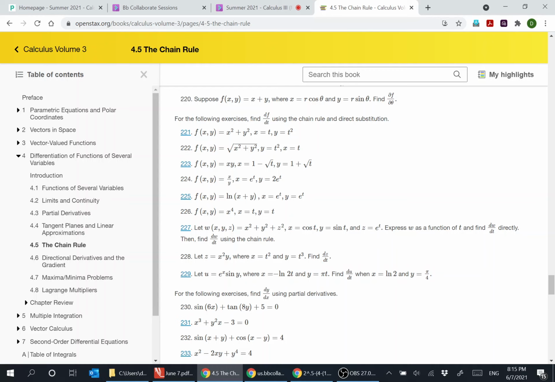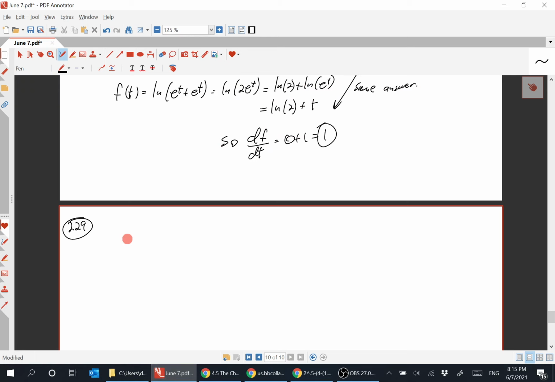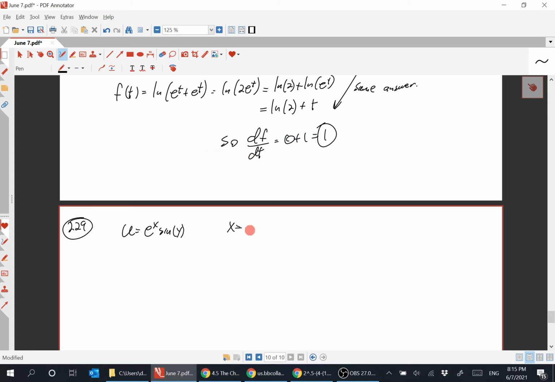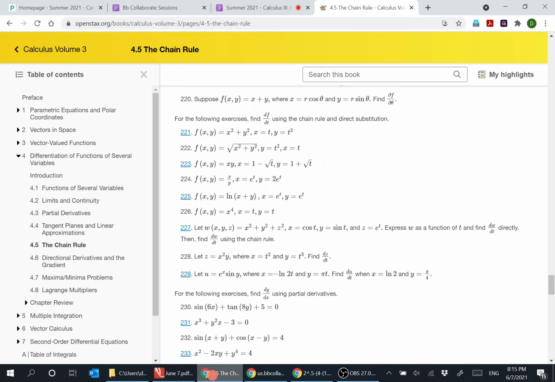At any rate, here we have u equal to e to the x sine y, where x was equal to minus natural log of 2t, and y is equal to pi times t.